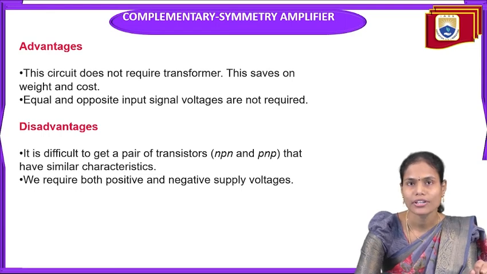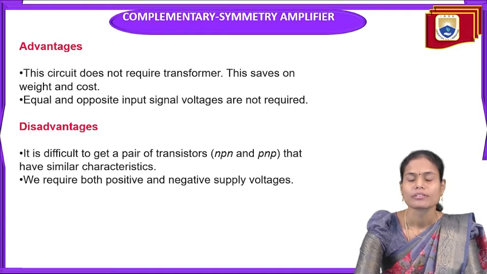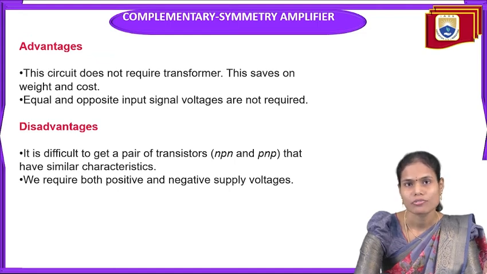While coming to the advantages of this complementary push-pull amplifier, here we don't require any center tap transformer, so the cost is reduced, and the size and weight of the circuit are also reduced.